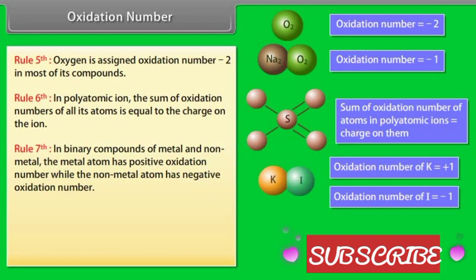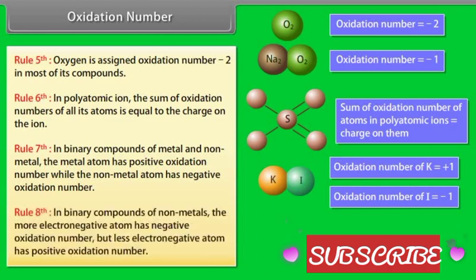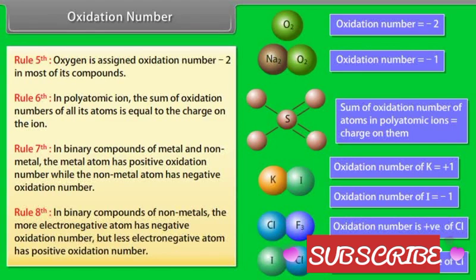In binary compounds of metal and non-metal, the metal atom has a positive oxidation number, while the non-metal atom has a negative oxidation number. Rule eighth. In binary compounds of non-metals, the more electronegative atom has a negative oxidation number, but the less electronegative atom has a positive oxidation number.